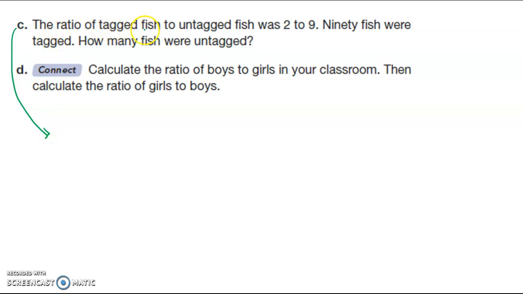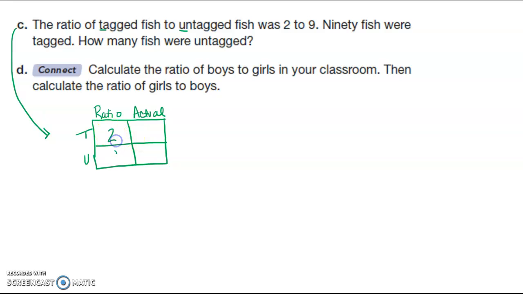It says the ratio of tagged fish to untagged fish was 2 to 9. So let me go ahead and draw my ratio box. Remember, it's ratio box, proportion, cross multiply. So here's the ratio, here's the actual. It says tagged fish to untagged fish, so I'm just going to put T for tagged and U for untagged.